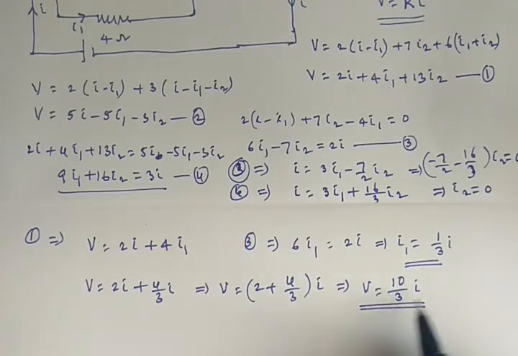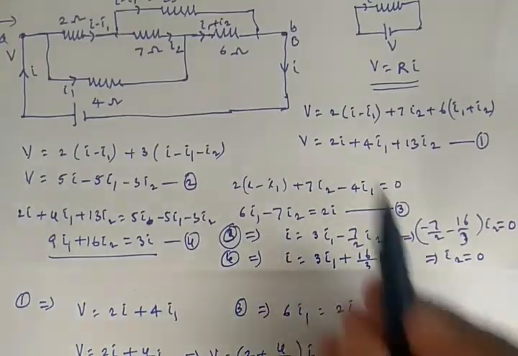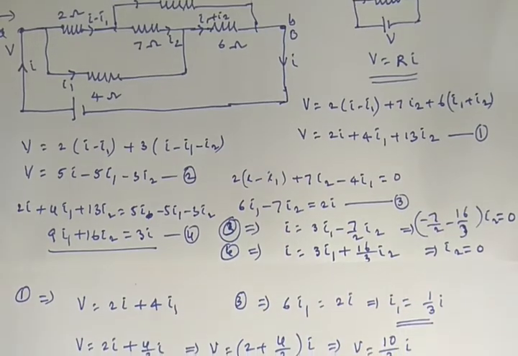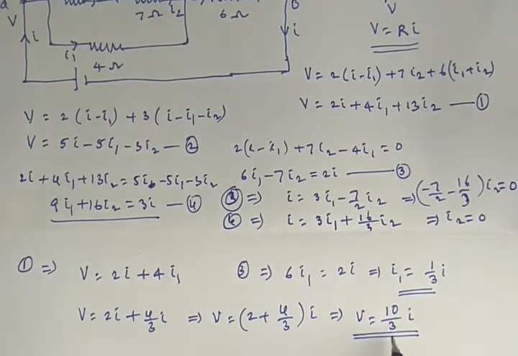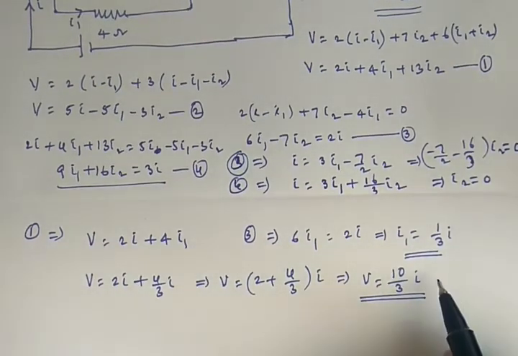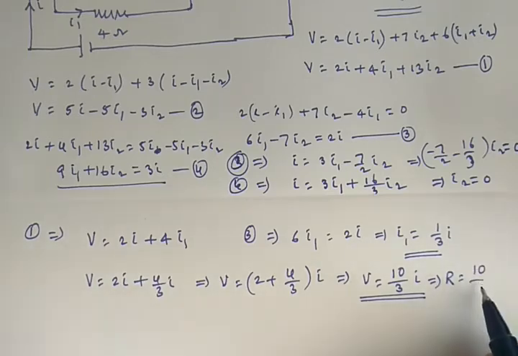Now let us compare this with the general equation that I wrote here, that is v equals ri. Instead of r you got 10 by 3. So the resistance of this circuit is 10 by 3 ohm. So this is the answer.